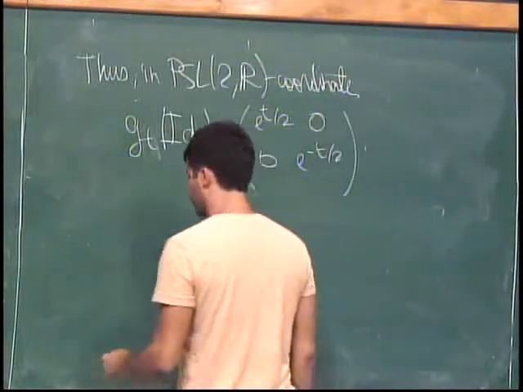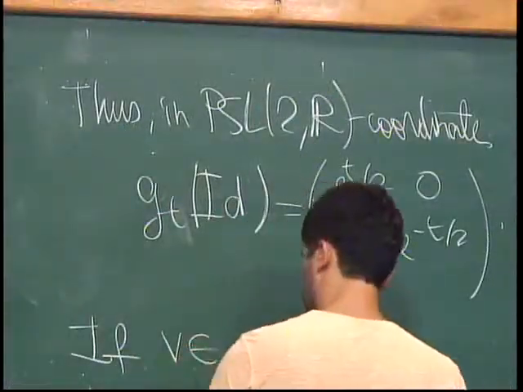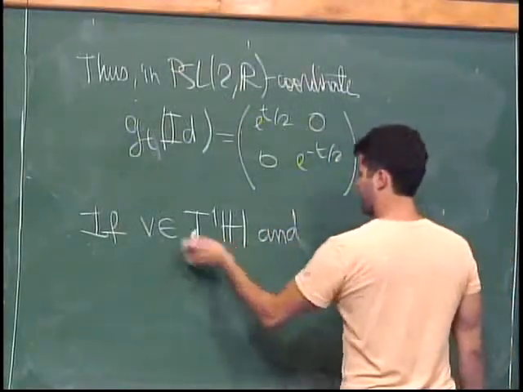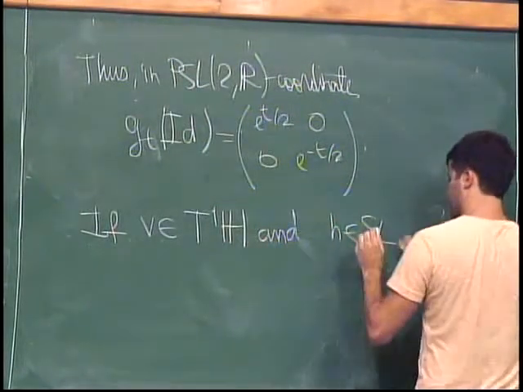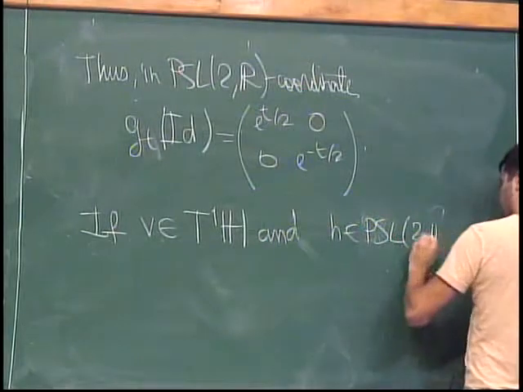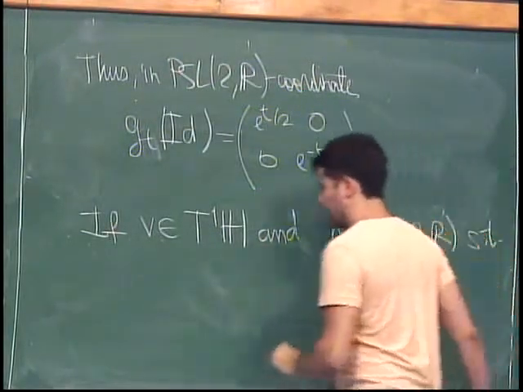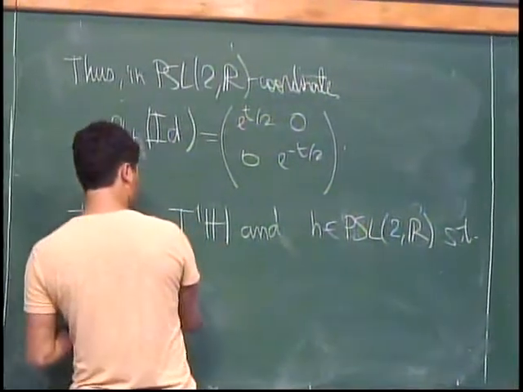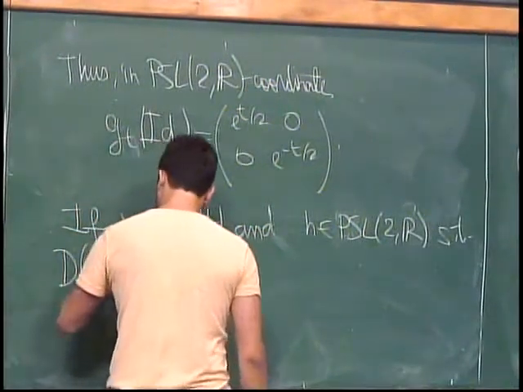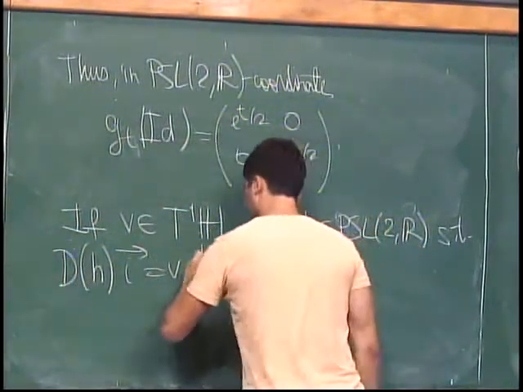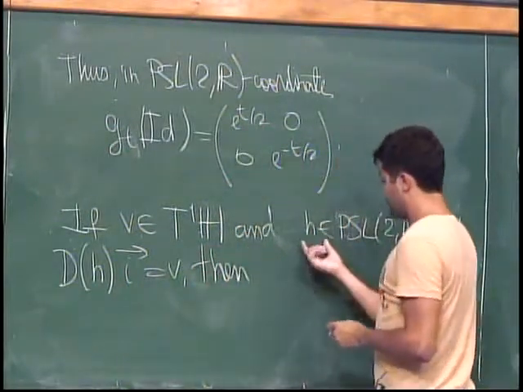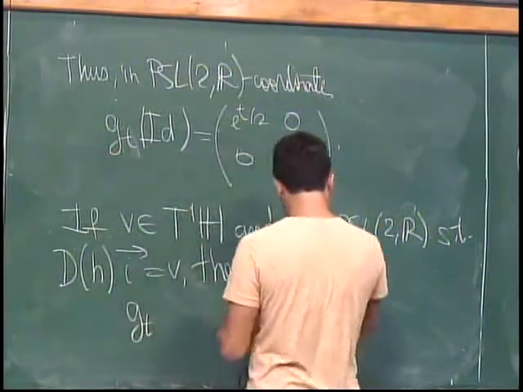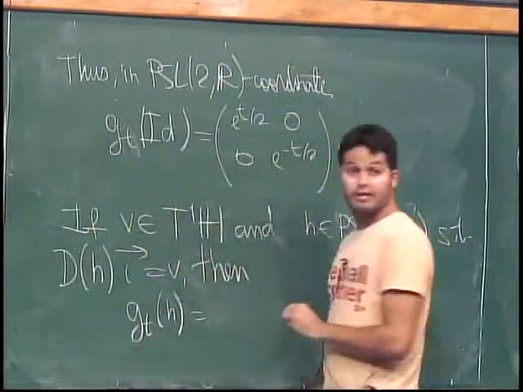So if you consider any other vector V, and H is the element here such that H is the matrix associated to V, in the sense that it is the matrix that sends I to V. Then, if you look in PSL2R coordinates at the element H, what does the geodesic flow do to it? It is basically the same.